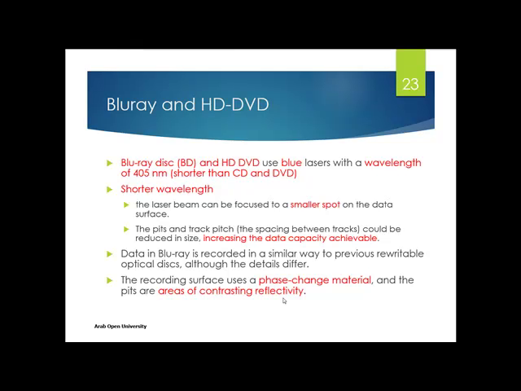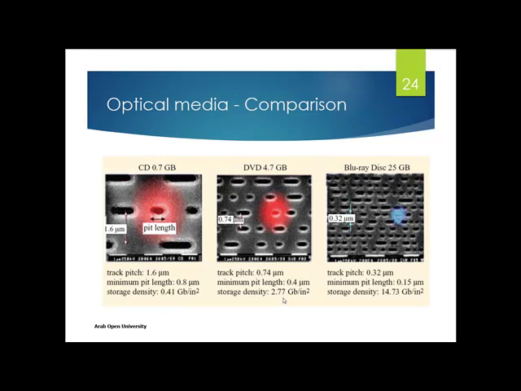So this allows us to minimize the pits and the track pitch, and thus increase the areal density and the data capacity also. So the recording surface uses a phase change material based on the concept we explained before, and the pits are thus areas of contrasting reflectivity.